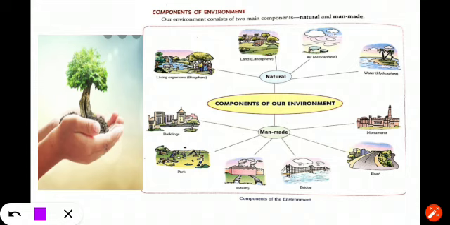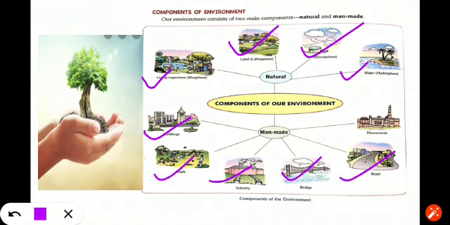See, living organisms, land, air, water, all are the examples of natural components. And buildings, parks, industry, bridges, roads, monuments, all are the examples of man-made categories.